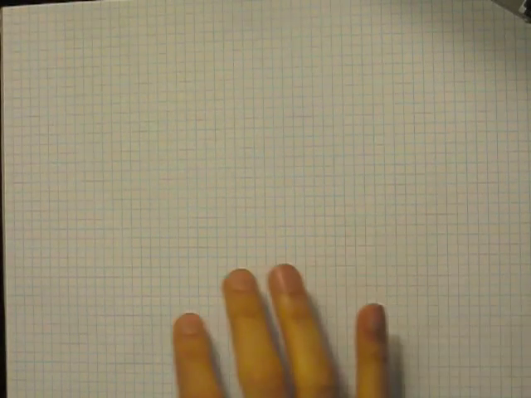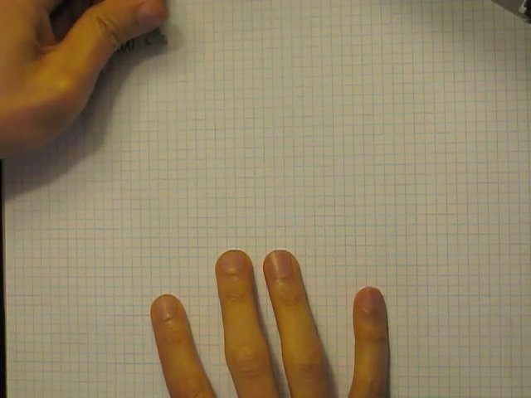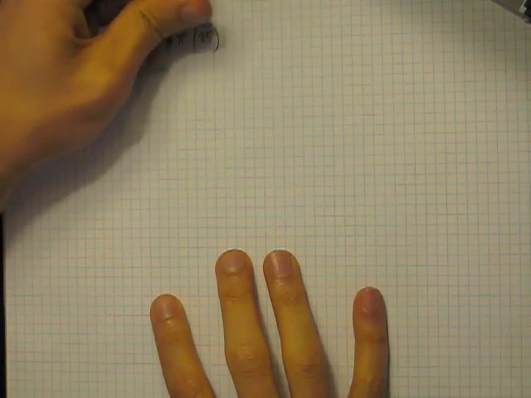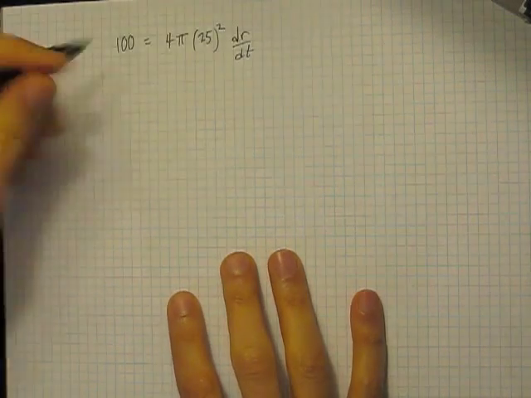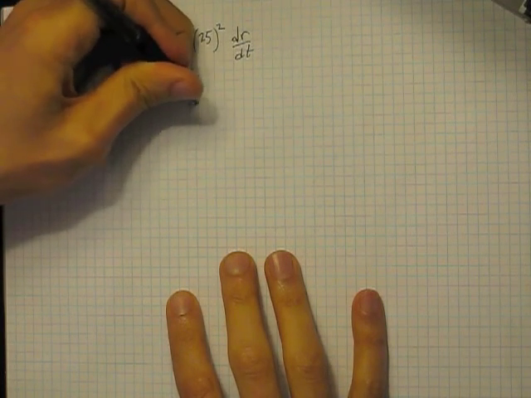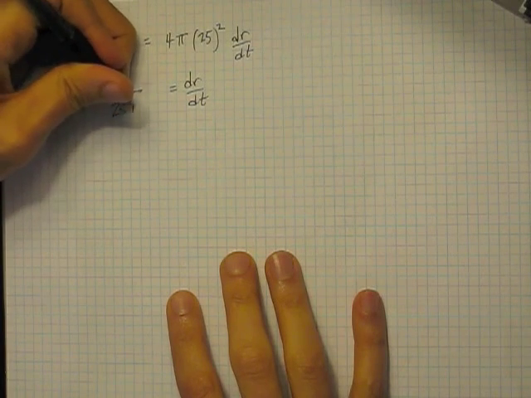Let's plug those in. We get 100 is equal to 4 pi times 25 squared times dr/dt. So this is all just a number. And if you solve this for dr/dt, then what you get is 1 over 25 pi.